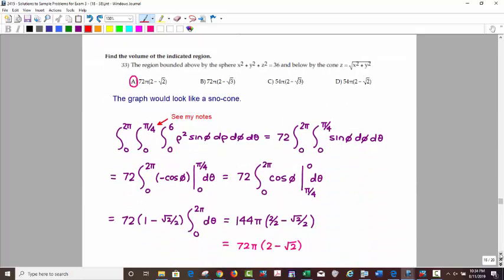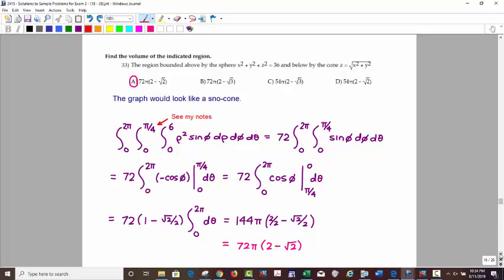Number 33. Region bounded by a sphere and a cone. I would probably give you a picture of this, but this would be a good thing to know, because instead of going to a lot of trouble to solve for it, I did it in my notes.